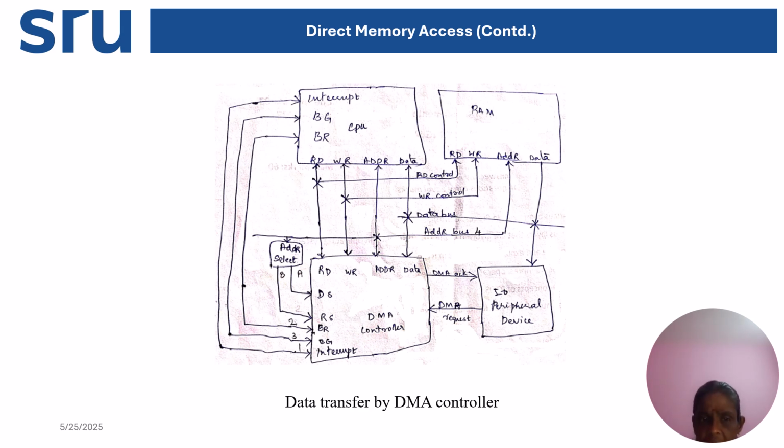Then read, write, address, and data: read means reading from RAM, the random access memory, and write, with the starting address of the data, and the data will be moved to the IO peripheral device. Here the address select block is available.